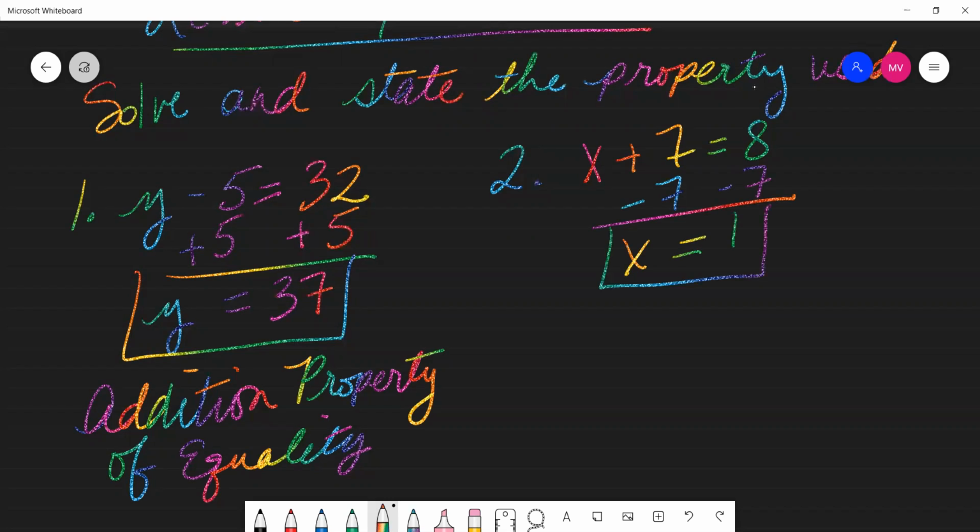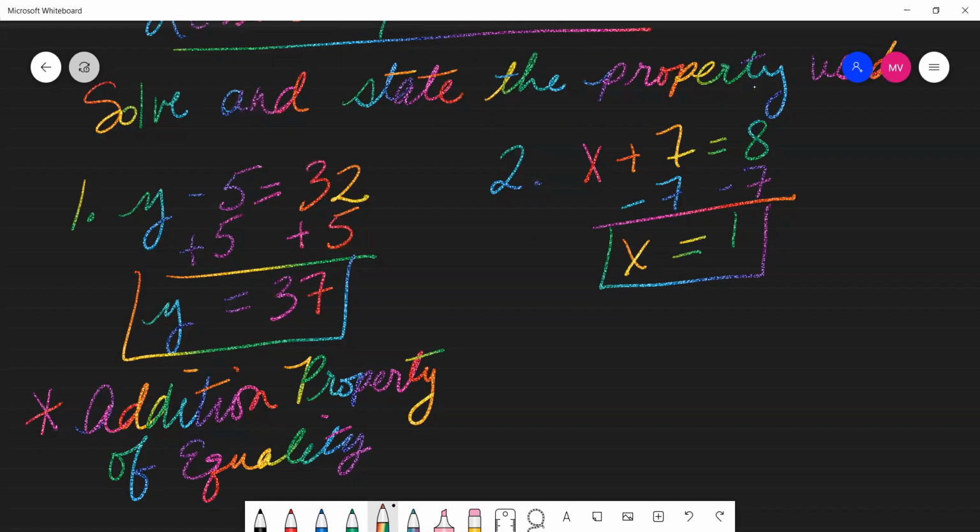That's our solution. And what property did we use? So what is it, Andrew? Subtraction property of equality. Subtraction is just adding a negative number. So the addition property of equality.